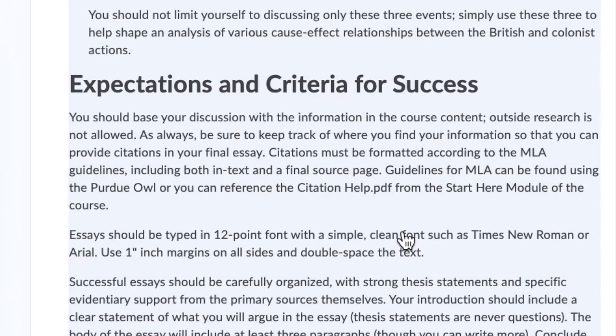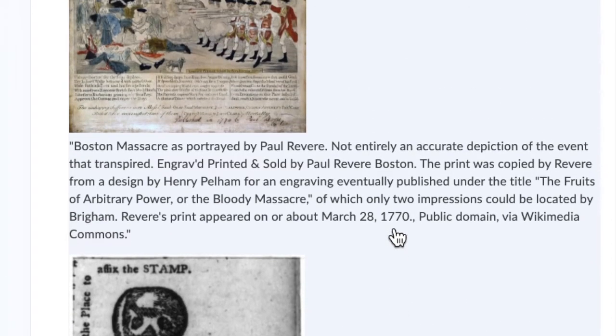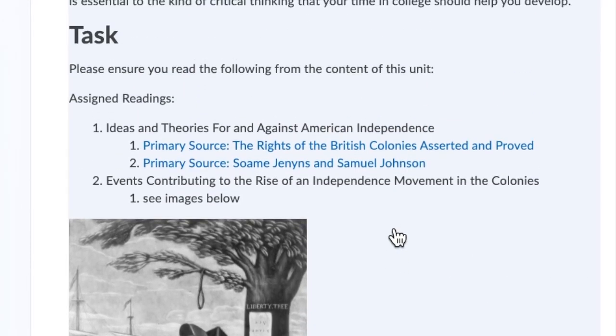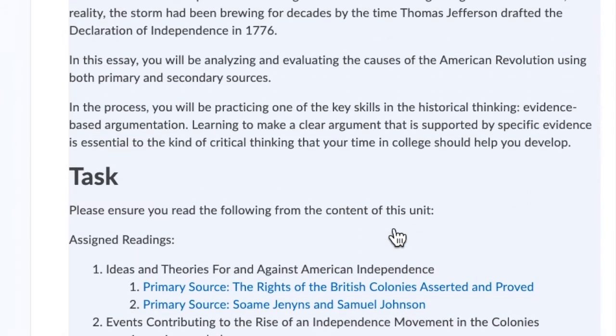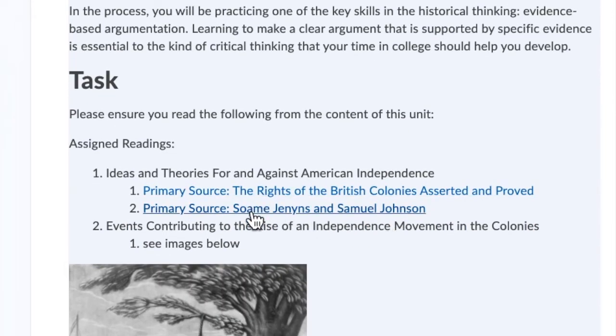You can make a few references to events in the 1770s, but most of your discussion will be on events in the 1760s, with a predominant focus on these two documents and their contrasting positions. So I hope this helps you with the Unit 3 essay.